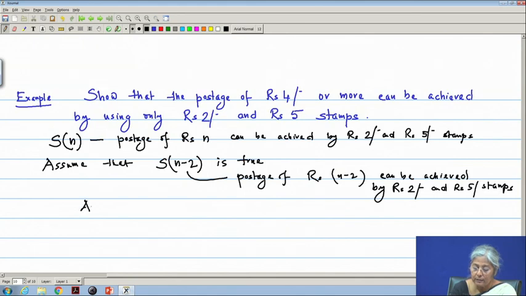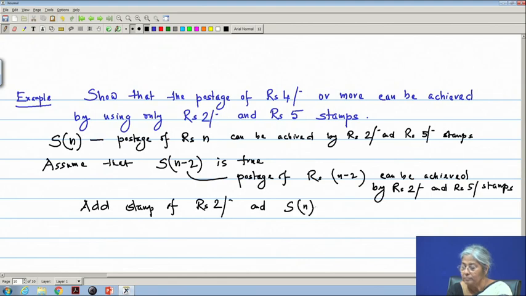So, we add a stamp of ₹2 and we will get Sn, and Sn can be achieved, or Sn is true. So, this is our approach.